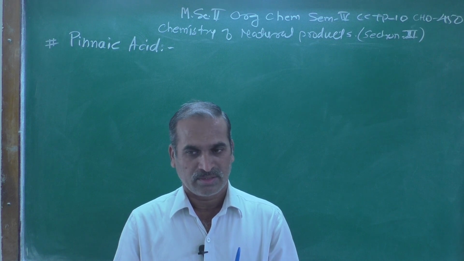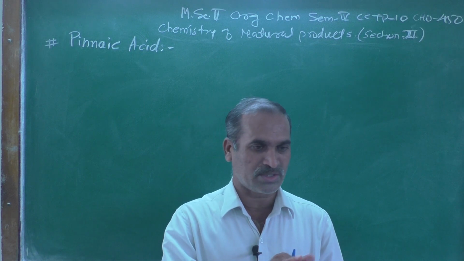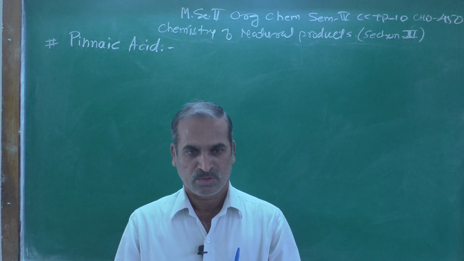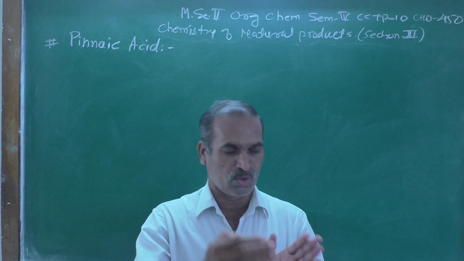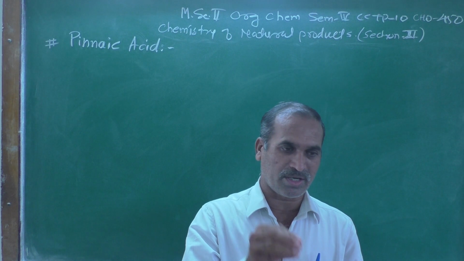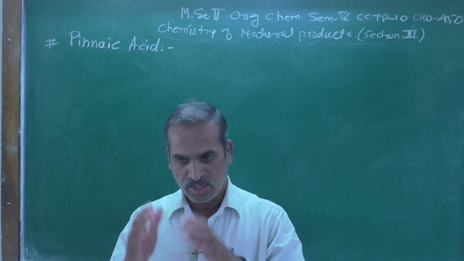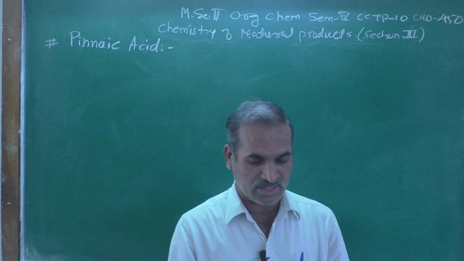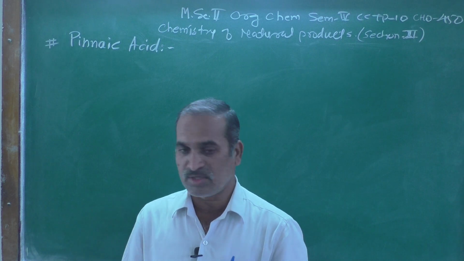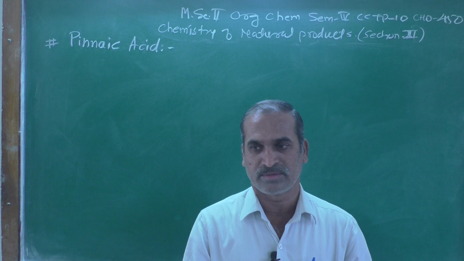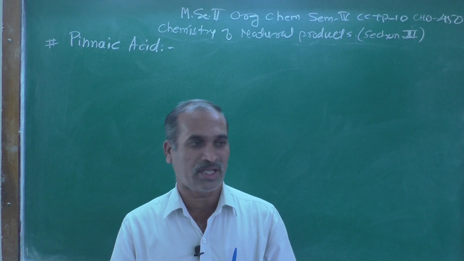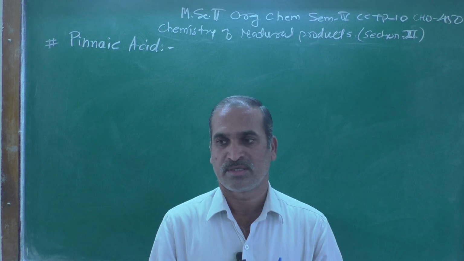In a previous semester, I think maybe in the third semester, you already studied one whole course on asymmetric synthesis, and here also the title is asymmetric total synthesis of phenaic acid. So phenaic acid is one of the natural products belonging to asymmetric synthesis.